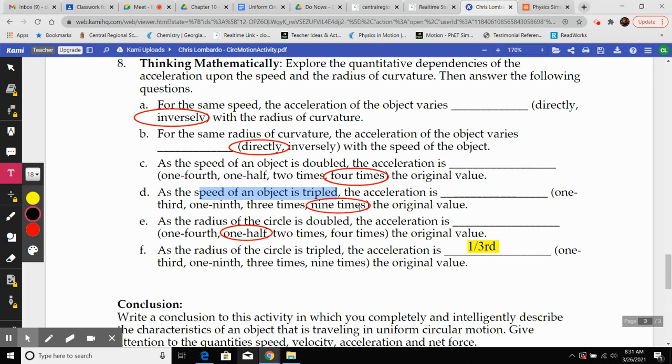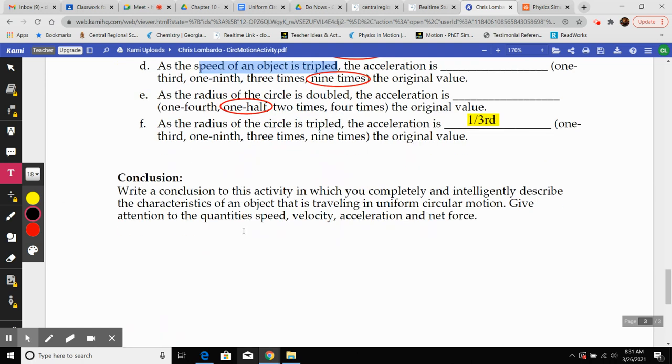Does that have any relationship to you, do you think? How is the number 2 and 4 related? You add 2 together, you get 4, you multiply 2 to get 4. And how is 3 and 9 related? Squared. So the acceleration is going to equal the velocity squared. And how is it related to the radius?